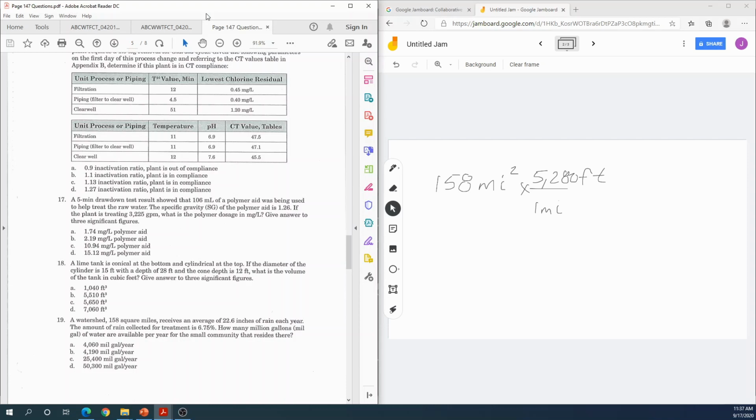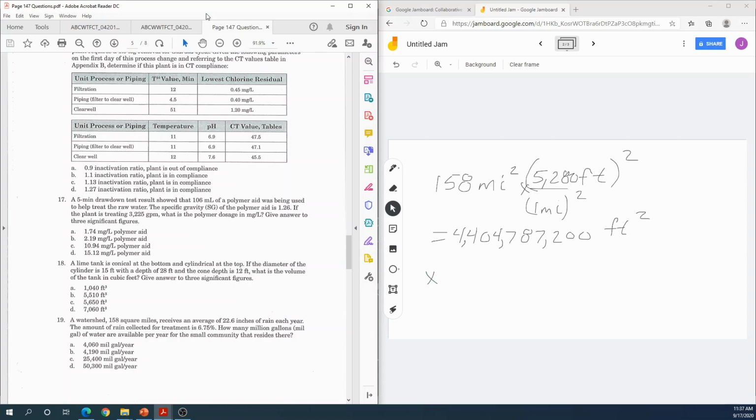But again, we have to be squared because we're in square miles. So let's square the bottom to get square miles and square the top to get square feet. So our area is going to be 158 times 5,280 squared. It's a big number. We get 4404787 feet squared.